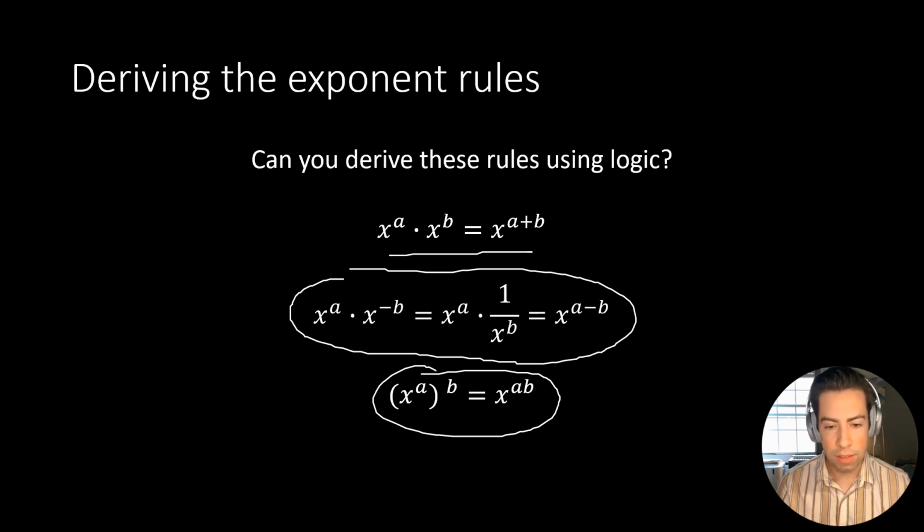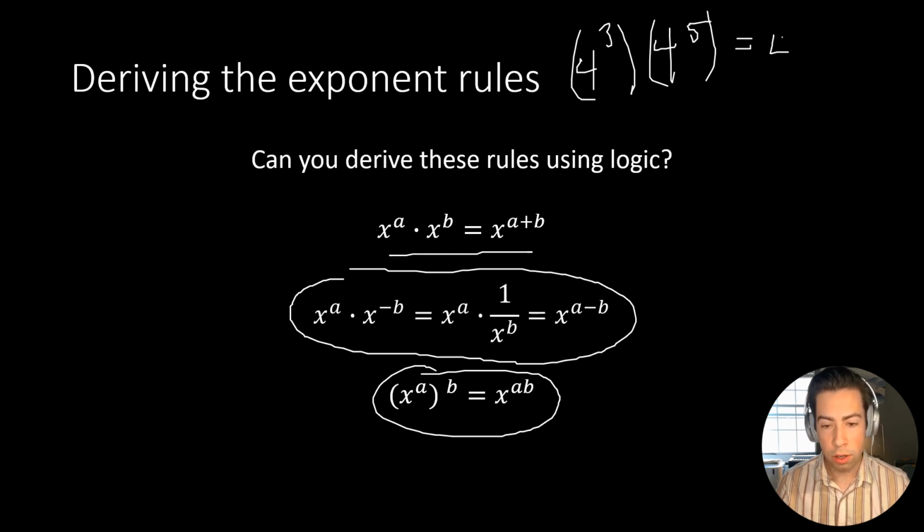So let's think about it, guys. If I have 4 to the 3rd power, and then I multiply it by 4 to the 5th power, this is the same thing as saying 4 to the 3 plus 5 power, or 4 to the 8th power. Let's think about why.